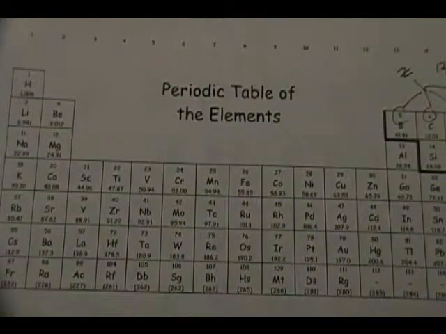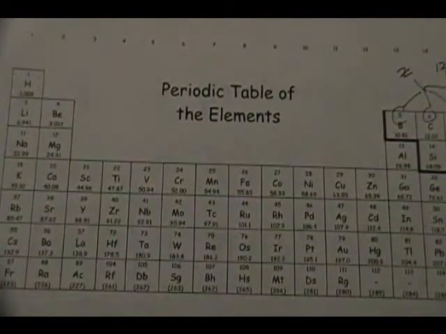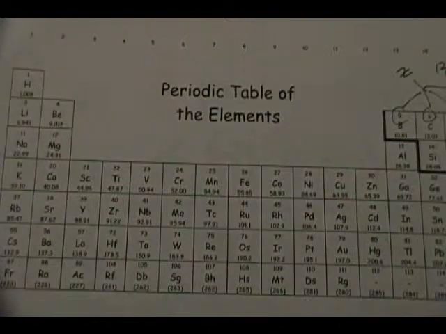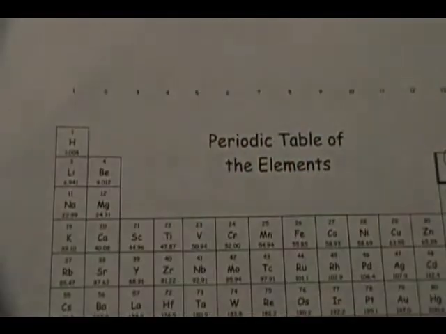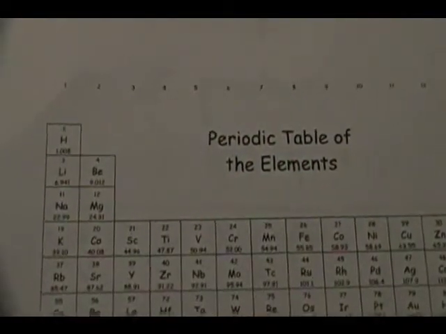The periodic table has this organization to it. This organization, with this increasing number, tells us that the number up top of each element is the amount of protons we have in a given atom of that specific element. For example, let me zoom in on hydrogen.